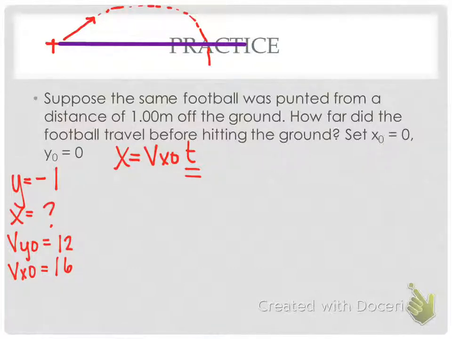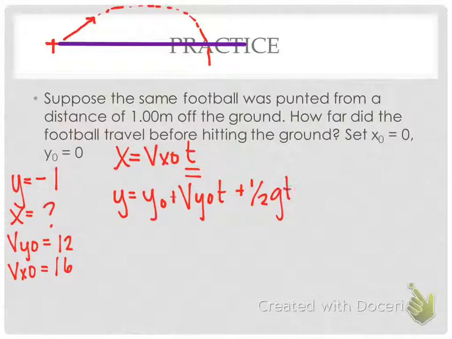Which equation could we use to solve for time? Can we use this one? y equals y sub o plus V sub yo t plus 1/2 g t squared? Yeah, we can use this one.